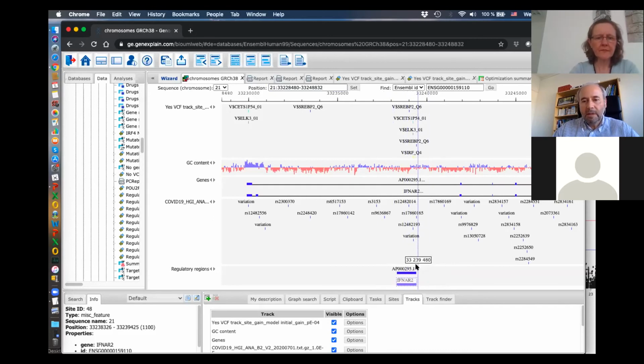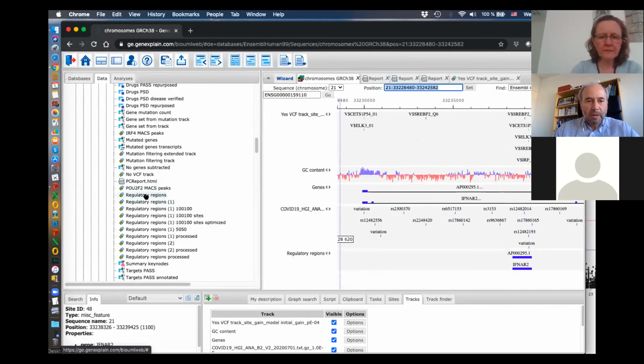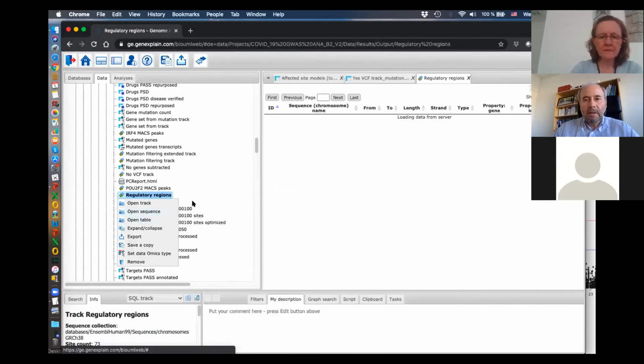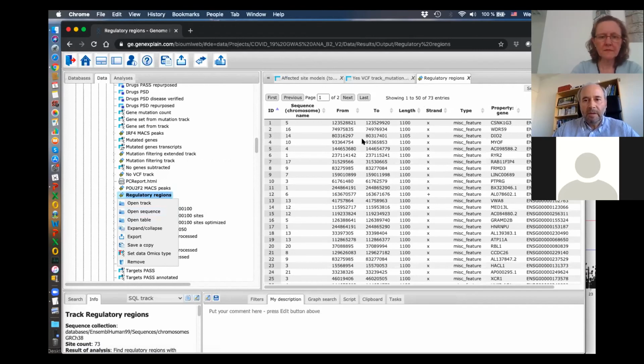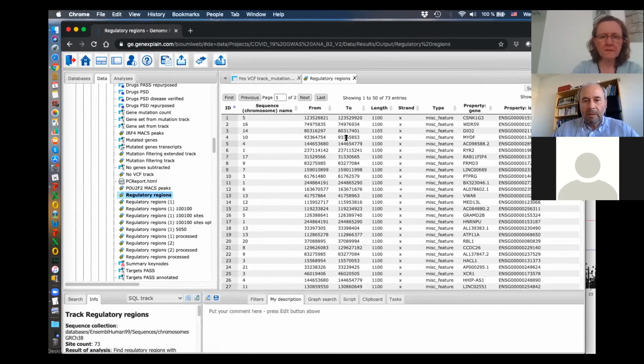If you open the regions as a table, we can see that we took 73 regions in different genes. Some cover just one SNP, some cover several SNPs, and they are located either inside the gene or in the 5' or 3' region of the gene. They are covering the SNPs, right? So we have all these regions.